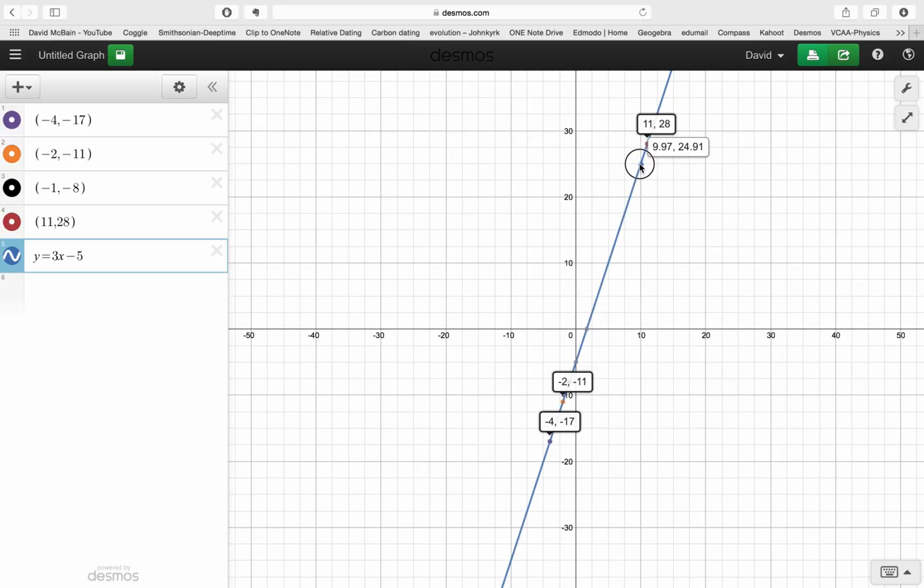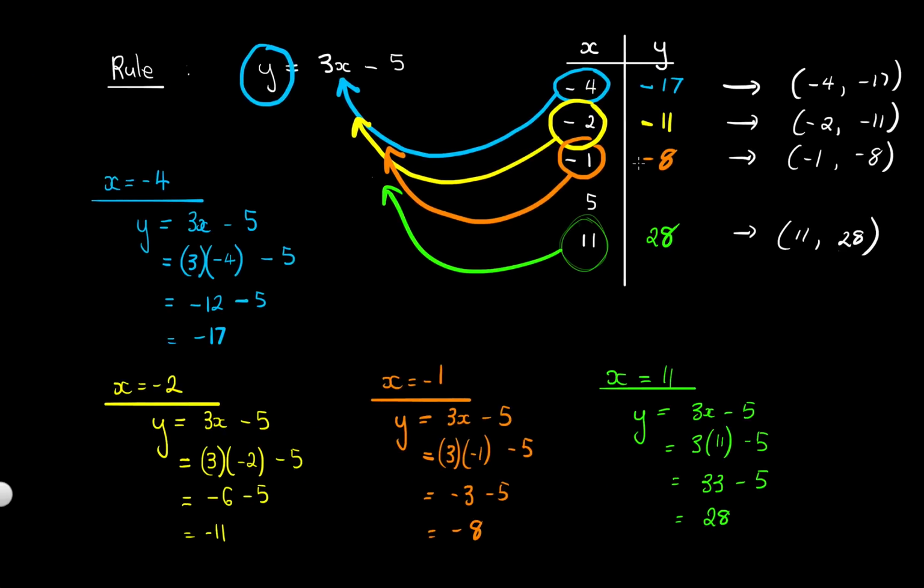So for example, when x equals 10, y equals 25. Let's see if that's true. So we think when x equals 10, y should equal 25. Let's try it. So we'll go x equals 10.